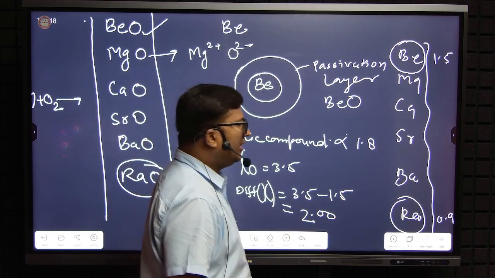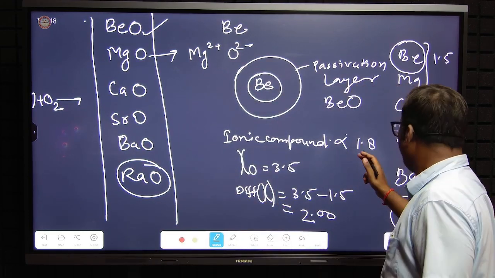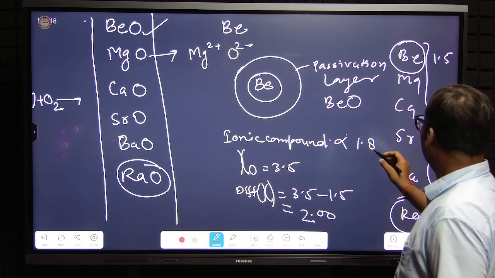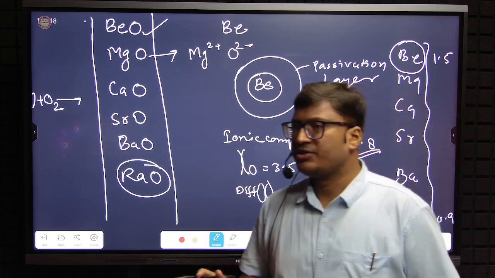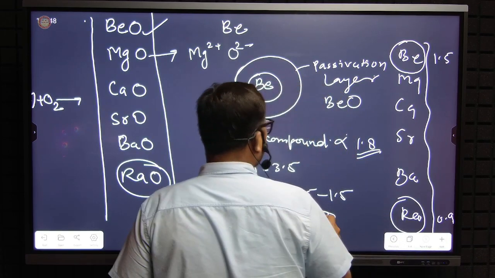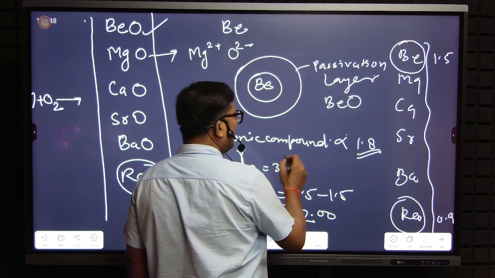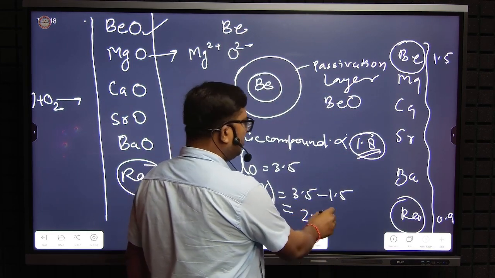So if the difference is very large compared to this 1.8, then the compound forms mostly ionic. So actually they are very close to the scale, 1.8 and here 2.00.